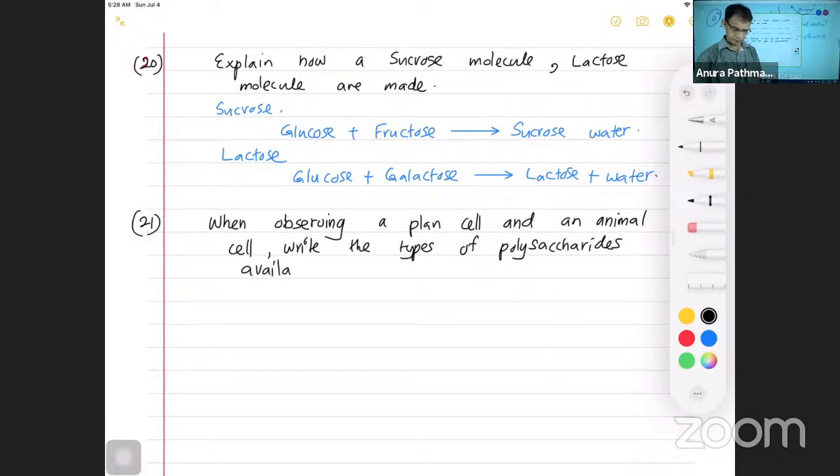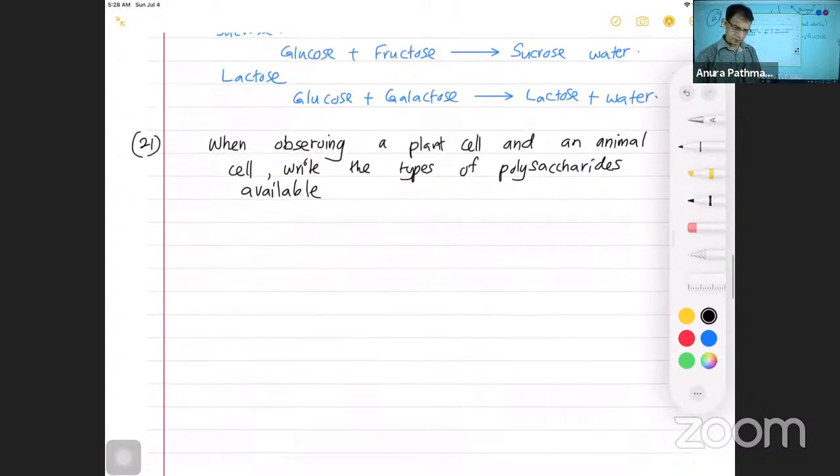When observing a plant cell and an animal cell, write the types of polysaccharides available in them.